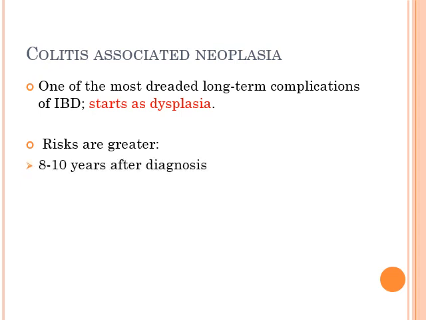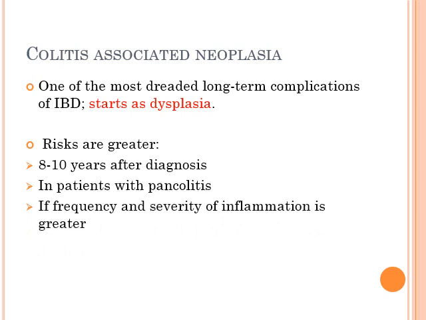Usually 8 to 10 years after the preliminary diagnosis of inflammatory bowel disease, and in patients who have pancolitis, that means involvement of all the parts of the colon, and when the frequency and severity of inflammation is greater. So in these three cases, the risk of development of neoplasia is greater.